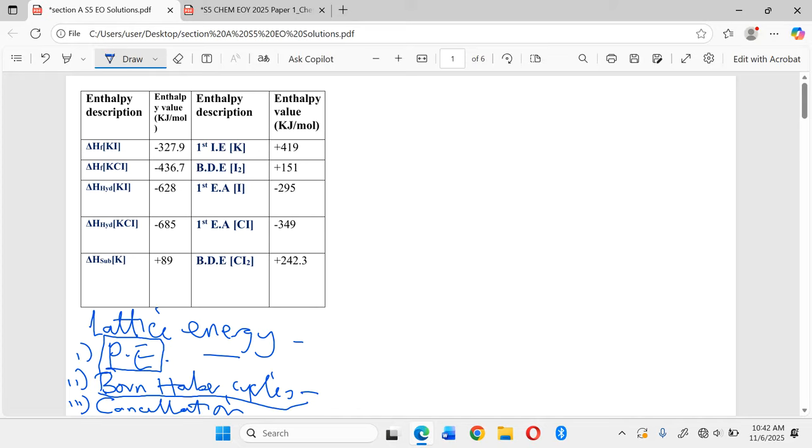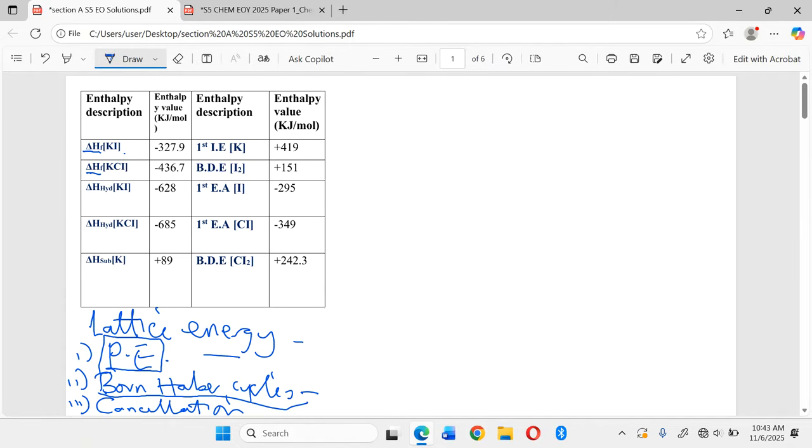We shall be able to see how to use it. I believe we have done some items which involve the cancellation method. Now, I have summarized the enthalpy descriptions here. Enthalpy of formation of potassium iodide, enthalpy of formation of potassium chloride. So I have summarized all of them here, and we're going to be drawing the potential energy diagram.